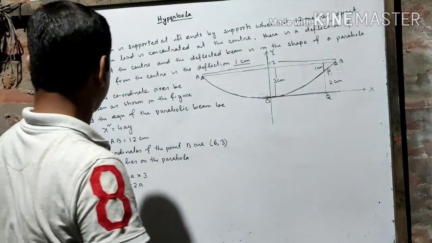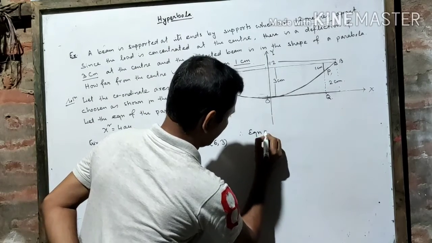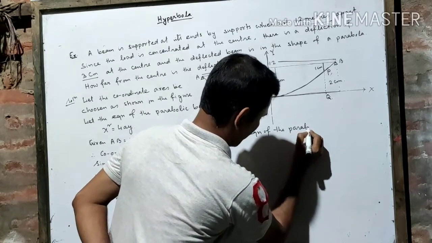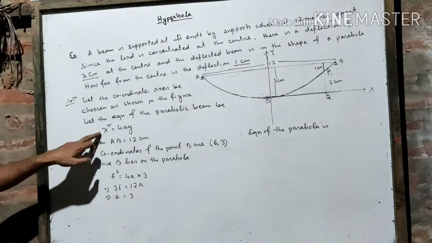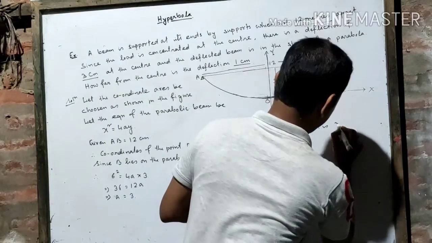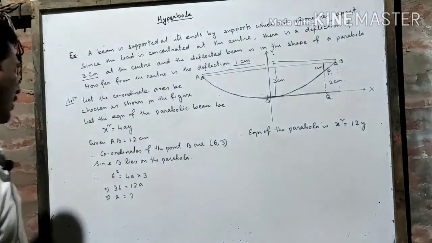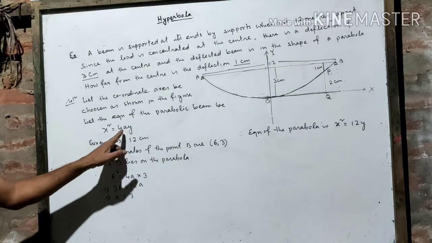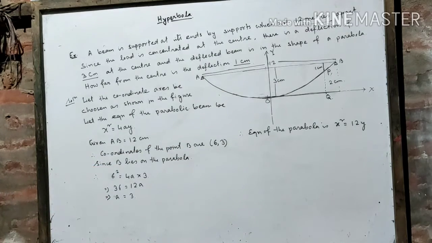Therefore equation of the parabola is x square is equal to 12y. Okay, a is equal to 3, so 4a will be 12. So equation of the parabola is x square is equal to 12y.